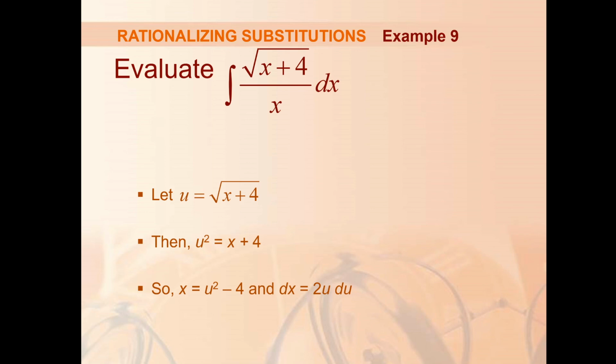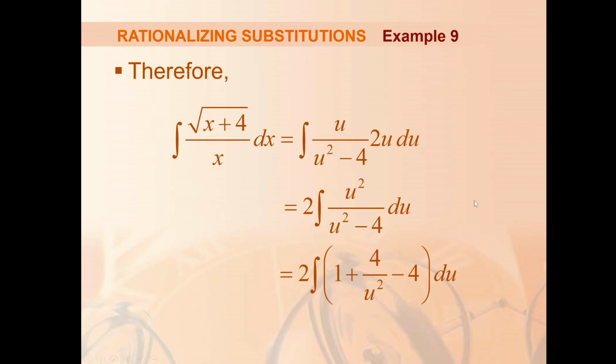So let u equal the top, square root of x plus 4. And then solve for x in terms of u. So we square both sides, and then we isolate x by itself. So x will be u squared minus 4. And then dx, taking the derivative of both sides implicitly, we do have dx equals 2u times du. And then with all the substitutions, we put in this.